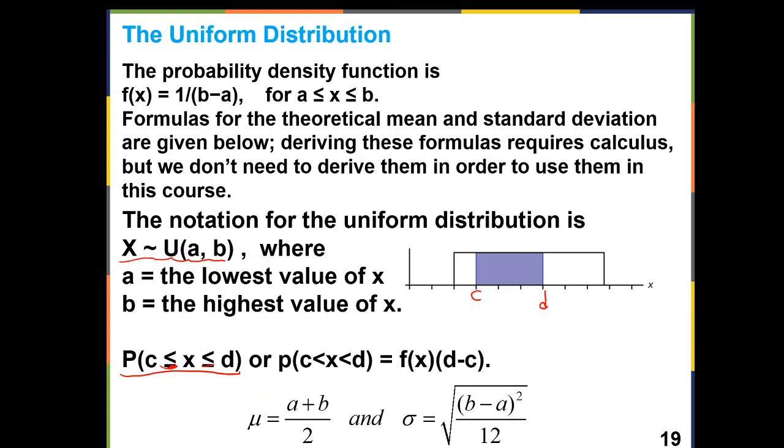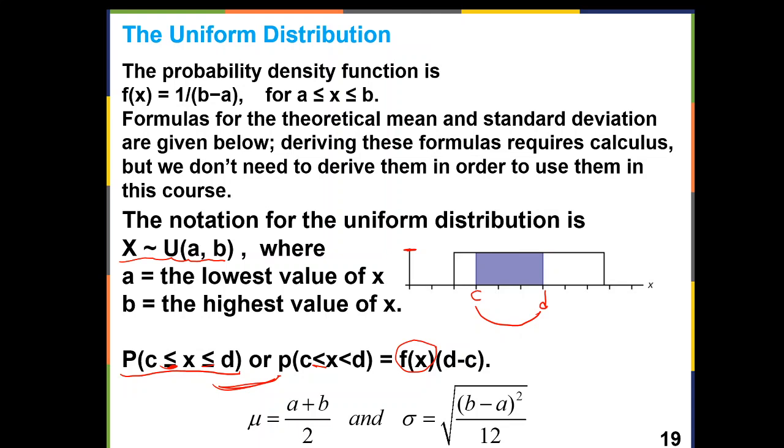Because the probability at a number is always 0. So it doesn't matter whether we put one of them, none of them, or both of them. These are actually the same. And that probability equals f of x, which is whatever the height is here, times the distance between c and d, which is d minus c.